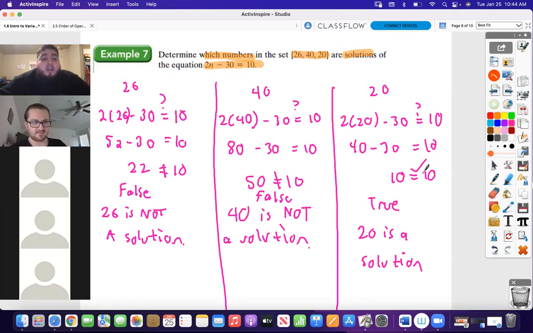That's correct, Justin. Now, what's the difference from a solution and not a solution, Justin? They have to equal the same. The not solution is, for example, 26. As you see, you bring it down, and then you got 22 on the left side, but you were really supposed to have 10. And as it shows by 20, both are 10.